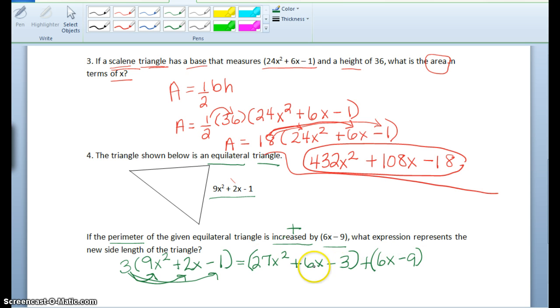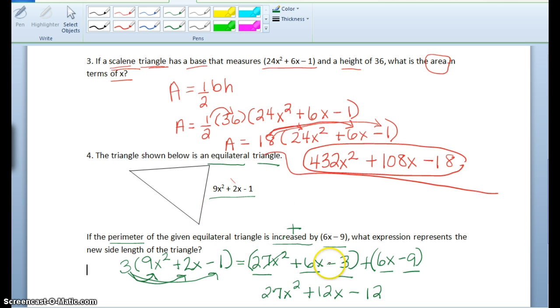But since they're both positive 1, the expressions end up being the same. So we're going to combine like terms. We have 27x squared. It doesn't have any like terms, so we're going to bring it down. Then we've got 6x and 6x, which is going to give us 12x. And then we have negative 3 and negative 9, which is going to give us negative 12.